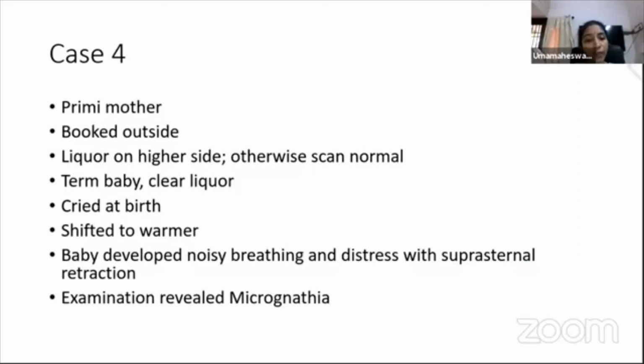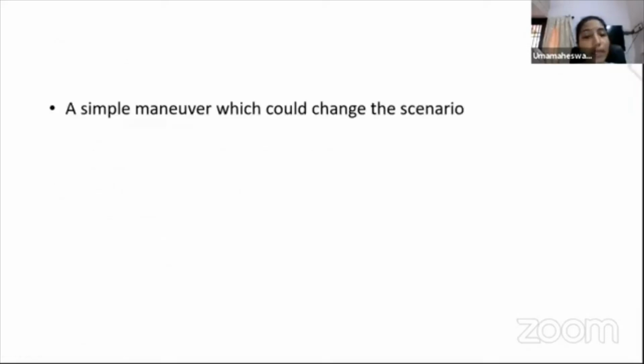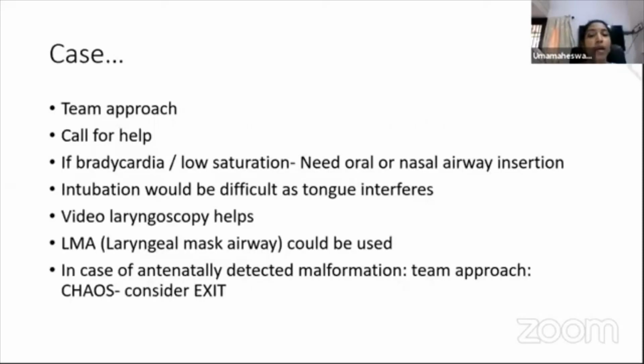Again, one more scenario. This baby had antenatally polyhydramnios, and after delivery, baby had noisy breathing with suprasternal retraction and had micrognathia. So whenever there is a micrognathia, a simple maneuver which will change the scenario would be to put the baby on prone positioning. And whenever there is a difficulty in resuscitation, call for help.